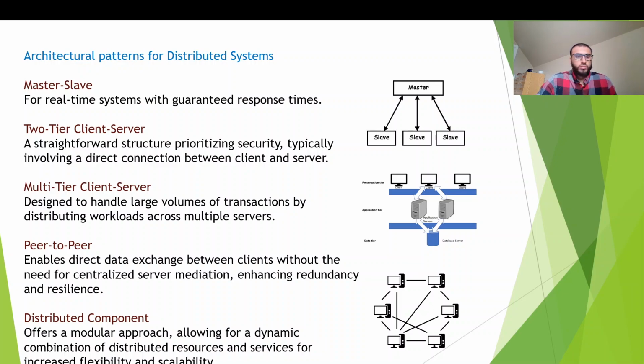And then the last one is the distributed component architectural pattern. This offers a modular approach, allowing for a dynamic combination of distributed resources and services for increased flexibility and scalability.